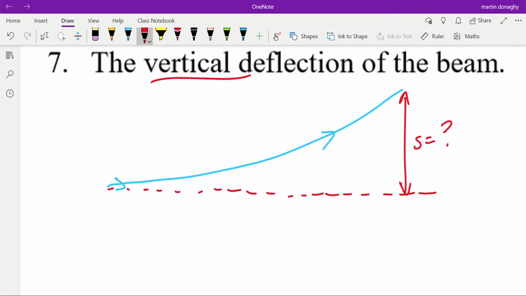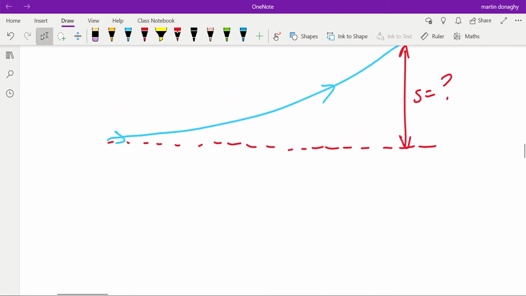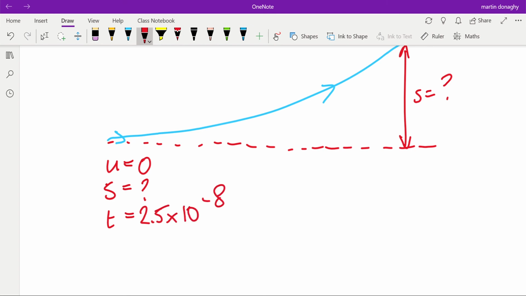Initially the vertical component of velocity is naught. We're trying to find out what s is. We know from before that the time it would take to traverse 100 millimeters is 2.5 by 10 to the minus 8, and our acceleration is 7.025 by 10 to the 13 meters per second squared.